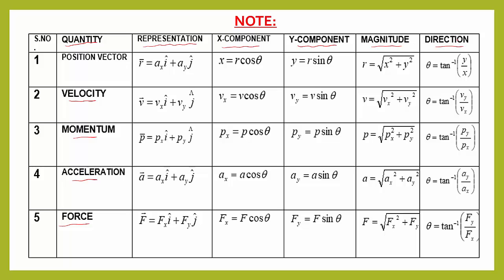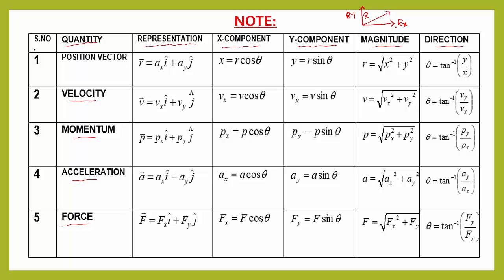We already studied all these terms in the previous class in resolution of a vector. Remember, we considered a vector R. This vector is split into two components. For example, the first vector is along the x-axis, we can take it as Rx. The second vector is along the y-axis, we can take it as Ry.